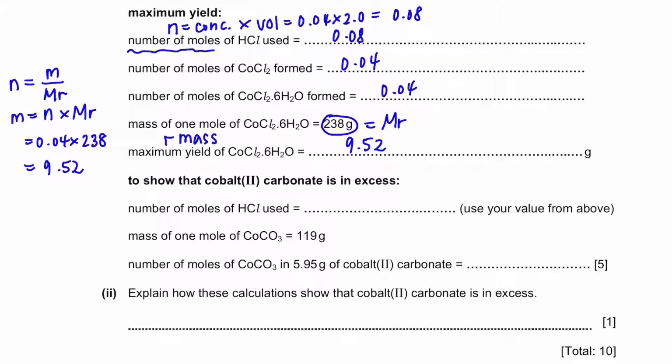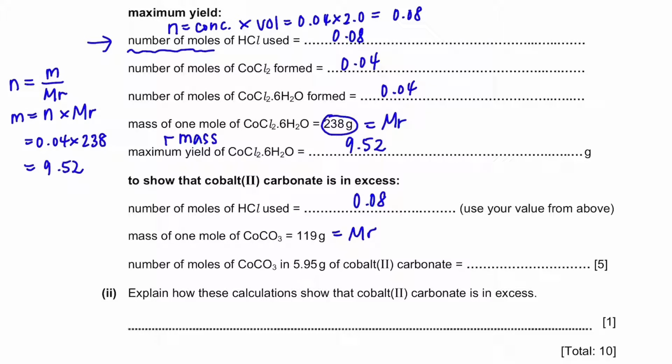The first part is just asking us to find the number of moles of HCl used, so we can write 0.08, the exact number from the above question. Then the mass of 1 mole of CoCO3 is given as 119 grams, which is the relative molecular mass.